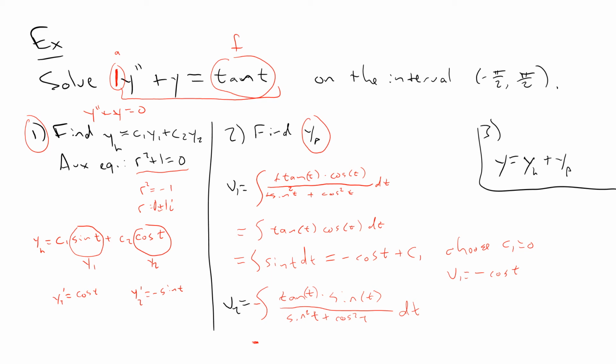So for v2, we're doing the integral of tangent t times sine t. Now, this integral is a little bit uglier, and I'm not going to go into integration techniques right here.